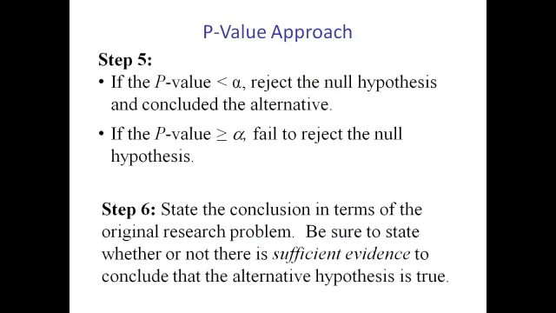In step 5, we're going to compare the p-value to alpha. If the p-value is less than alpha, we reject the null hypothesis and conclude the alternative. If the p-value is greater than or equal to alpha, we fail to reject the null hypothesis.